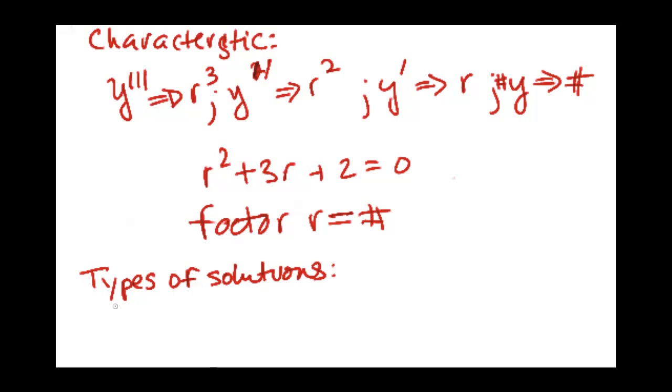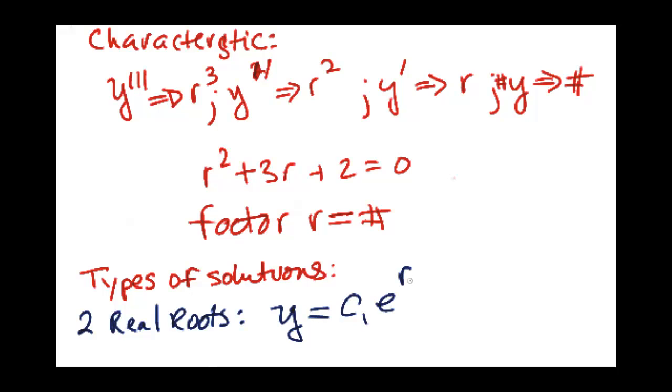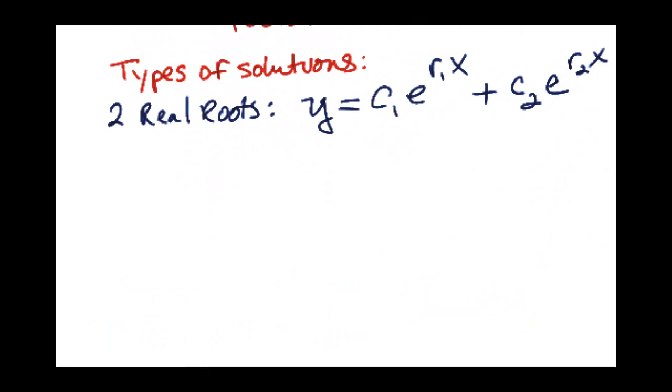So the general solution, if it's two real roots, what you do there is plug in to y equals c1 e to the r1 x, and we're talking about distinct roots, not repeated roots, x or t, depending on what your independent variable is, plus c2 e to the r2 x.